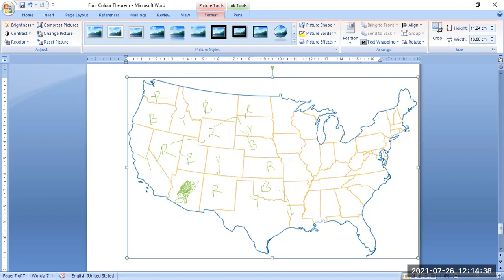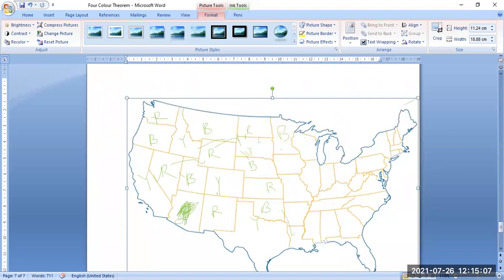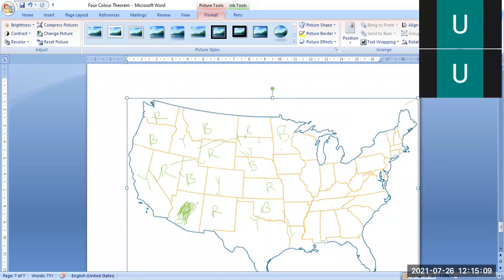Have you got the color? It can be blue. Like this way, we can use four colors here. Four colors are required.